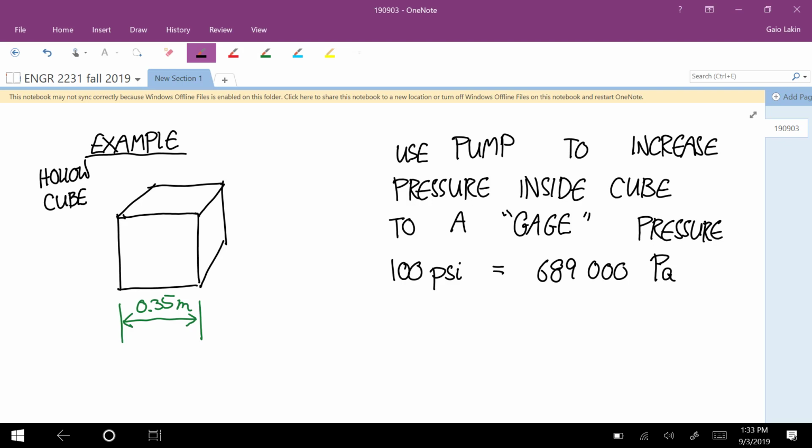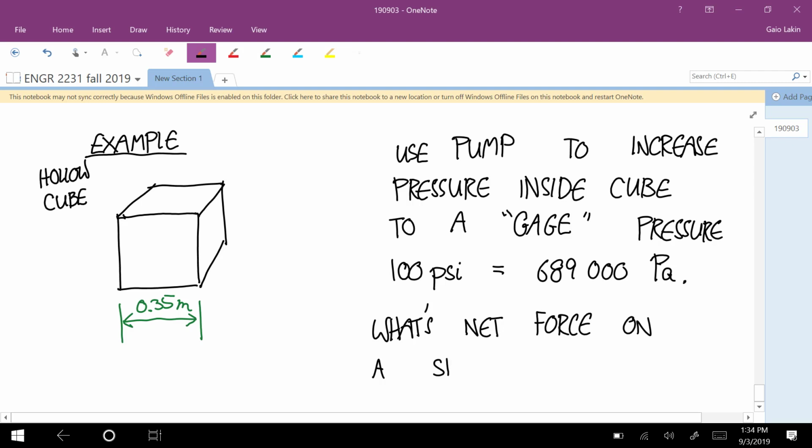And we want to know what's the total force, let's say, what's the net force on a single face of this cube?